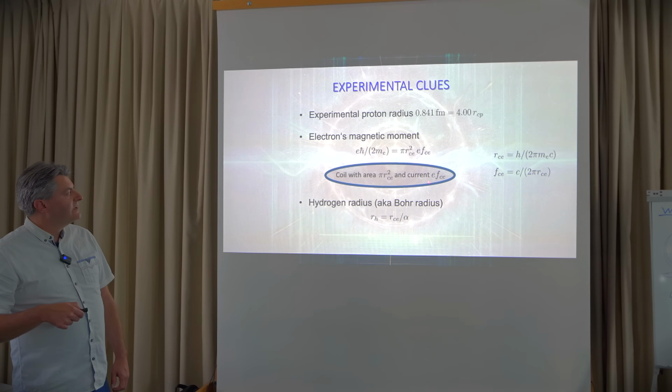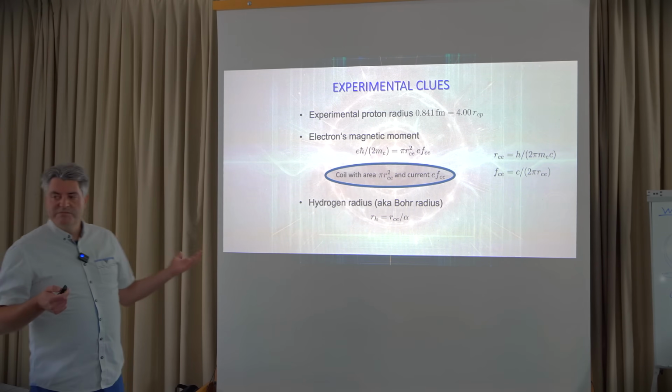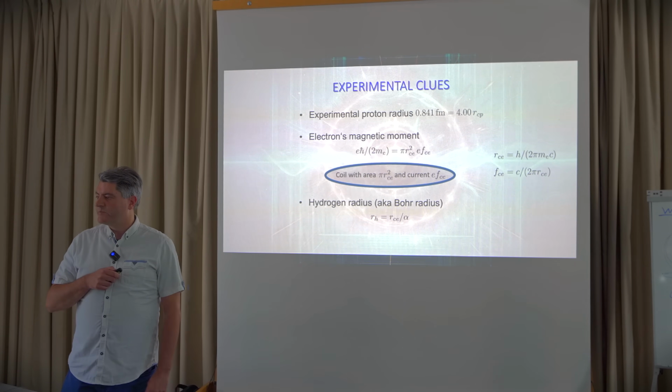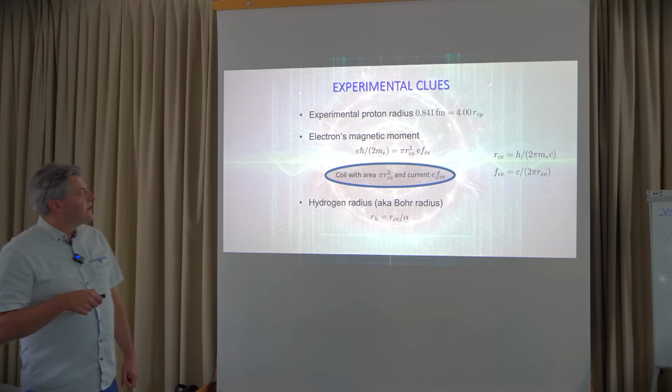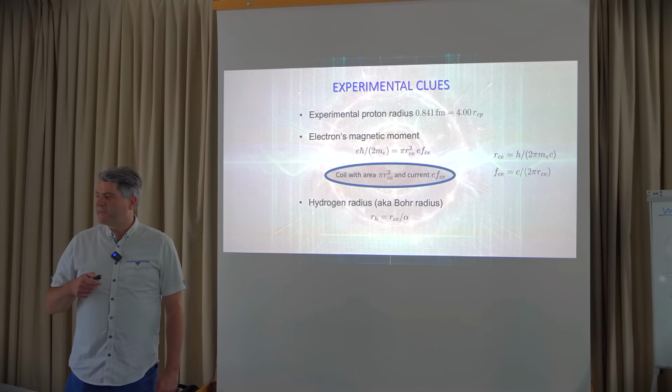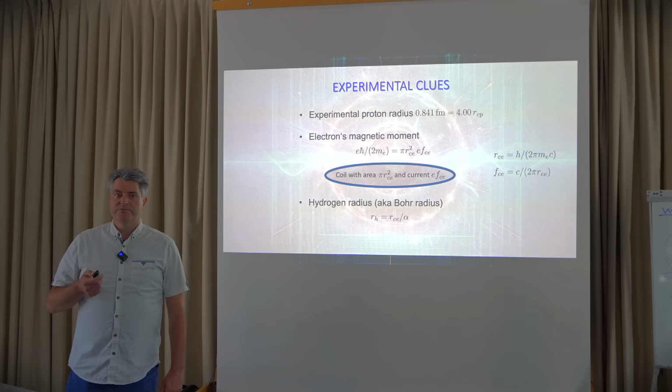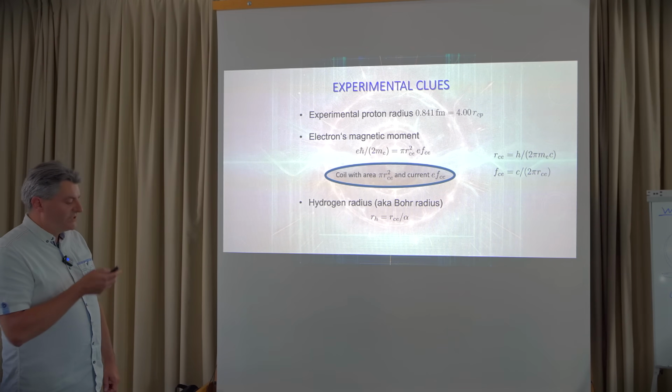So you have a current e times the Compton frequency of the electron. You just multiply it all together, and somehow you get the electron's magnetic moment. I think this is a pretty astounding coincidence. And you do not even need a fudge factor like the gyromagnetic ratio. So I find that pretty astounding.